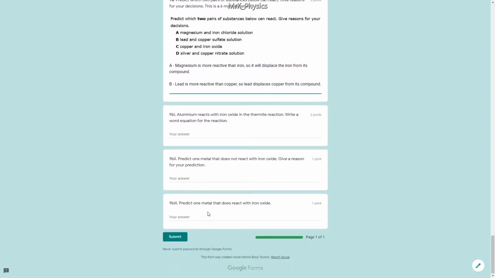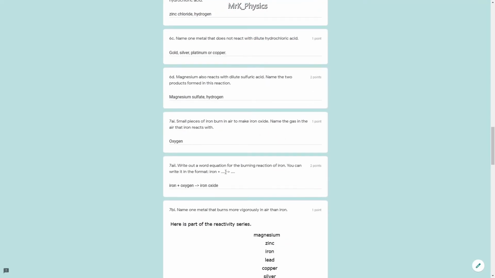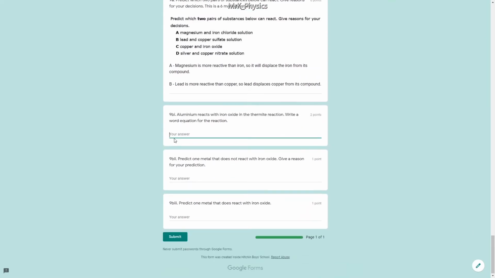Aluminium reacts with iron oxide in the thermite reaction. It's one that we looked at as we were going through this module. So it reacts with iron oxide. Write a word equation for the reaction. Let's follow the format from before, where we'll essentially put 2 things together and we'll have our arrow similar to what we had here in 7AII. Okay, so aluminium plus iron oxide.